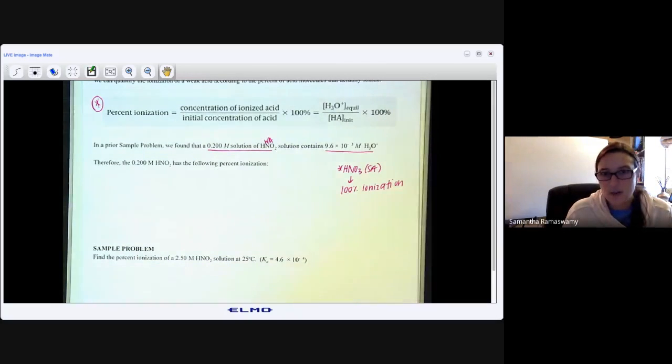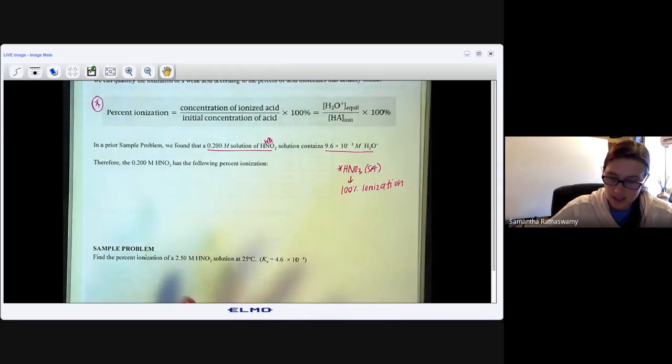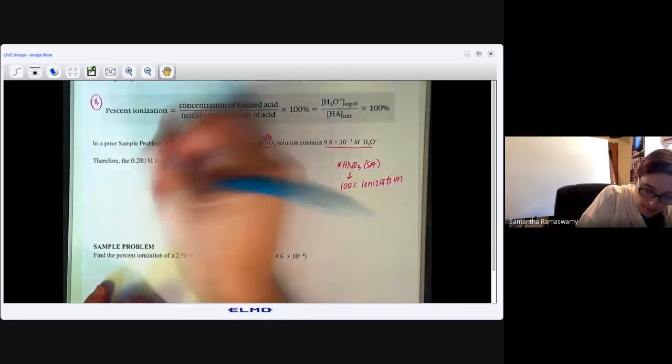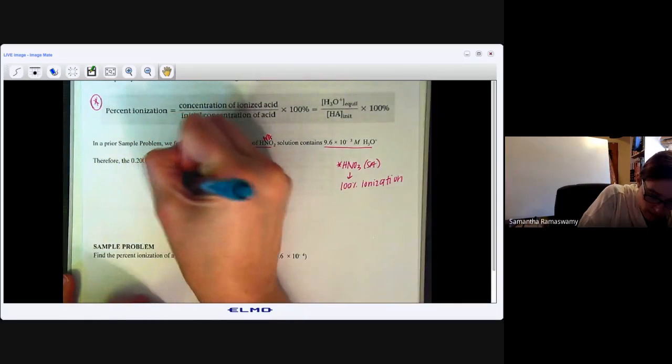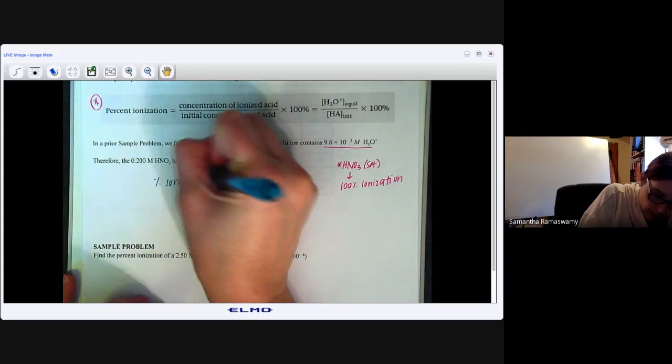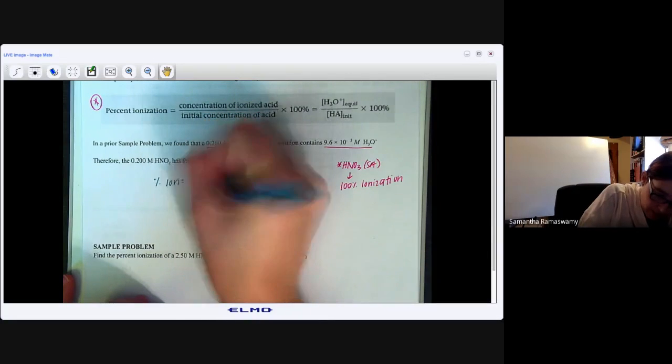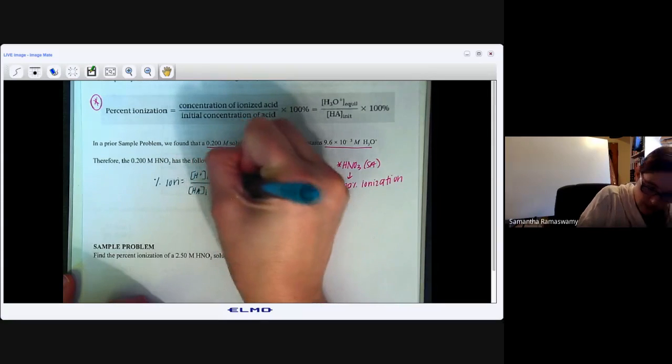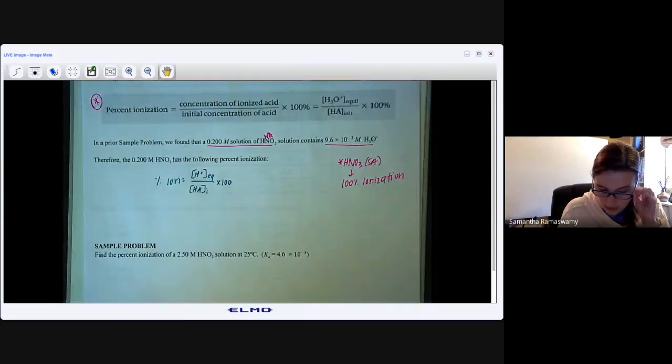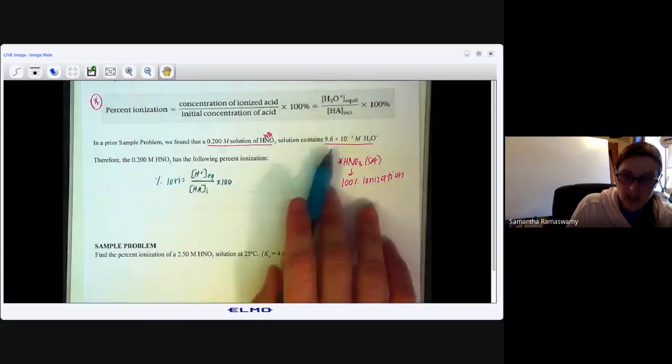Weak acids do not. So percent ionization is going to be H plus at equilibrium over HA initial times 100. Here they actually gave us the information.